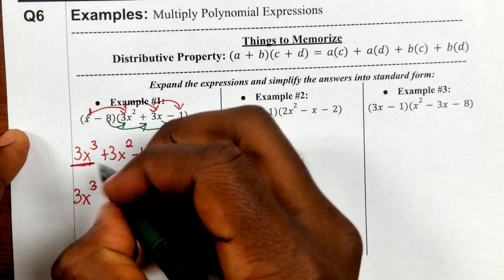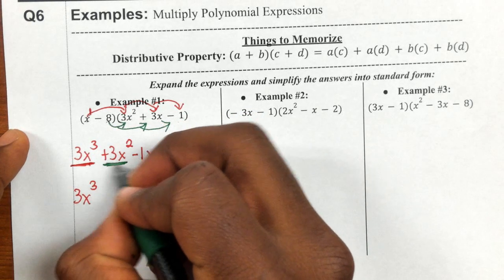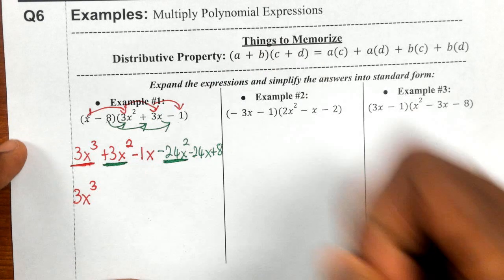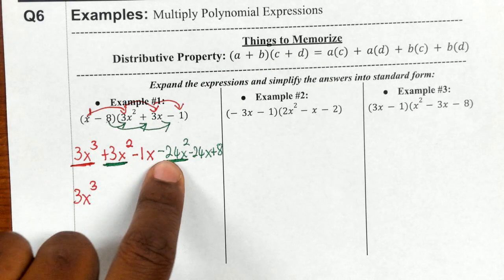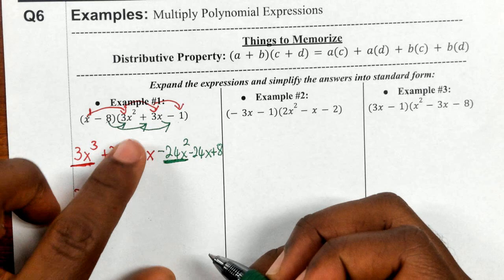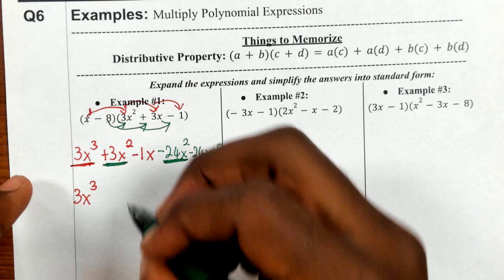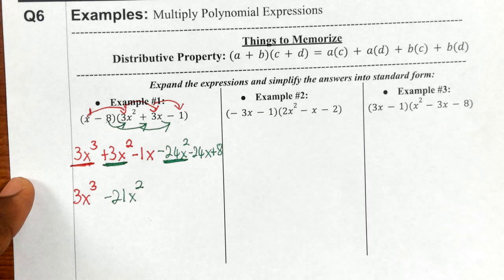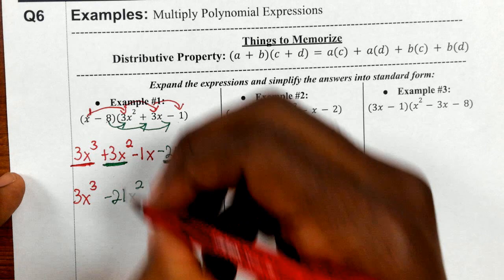Alright? Here we have an x squared, a 3x squared, and we have a -24x squared. Those are like terms because they both have an x squared. 3x squared minus 24x squared is -21x squared. Alright? Now we're going to combine the x's.